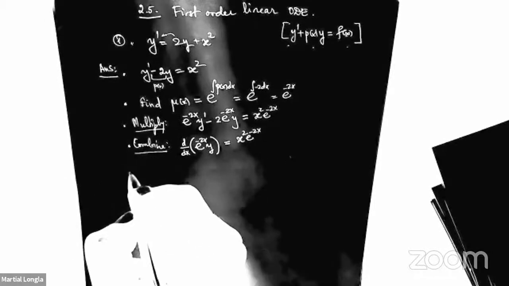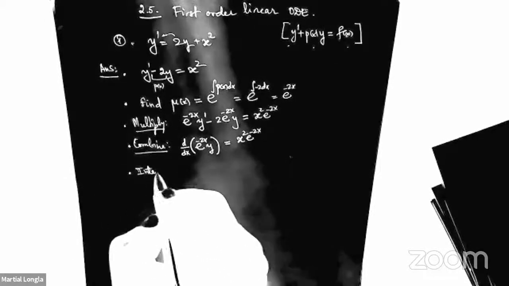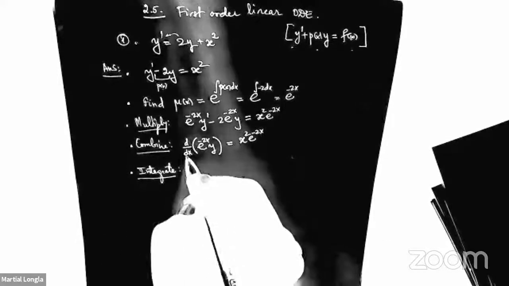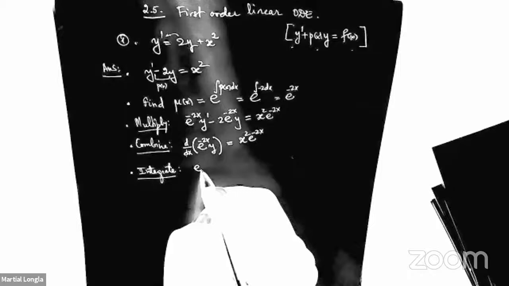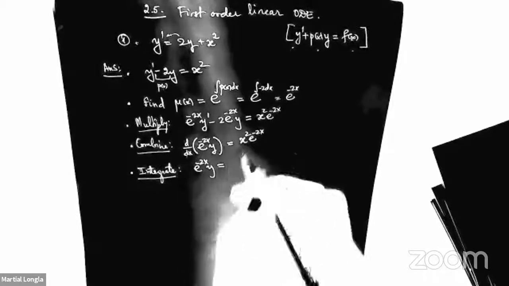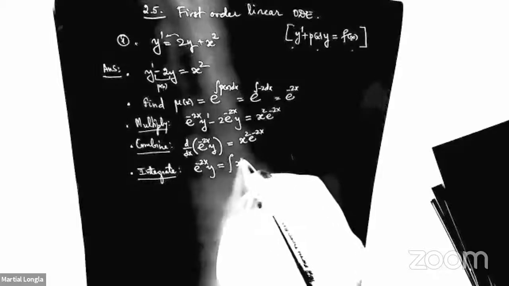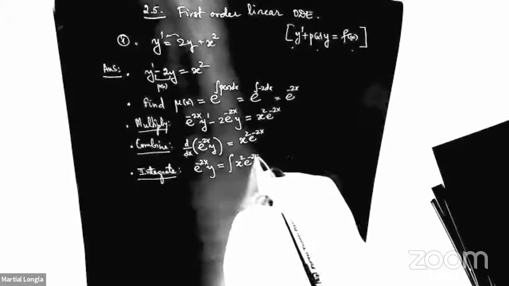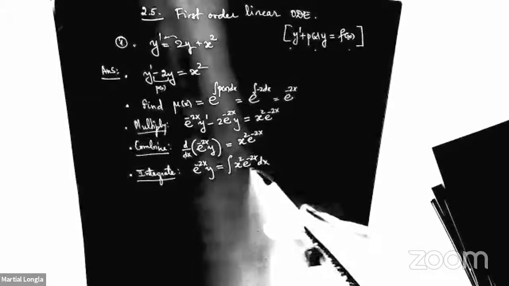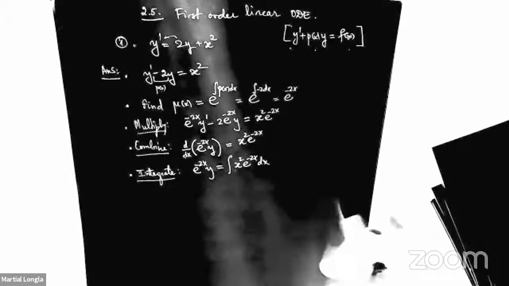In the next step, you integrate both sides. The integral of the derivative on the left is just what is inside, so that's e to the -2x y equals the integral of x squared e to the -2x dx. And I do want to see some work here finding that integral.